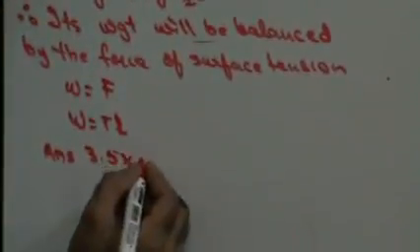So that means I can say that the weight of the needle will be the force of surface tension. So weight of the needle will be equal to F. F we have already found out is TL. So in this case, the weight of the needle will be nothing but TL, right? The answer for the sum should be 3.5 into 10 raised to minus 3 newtons.